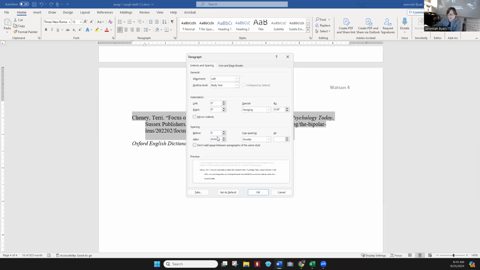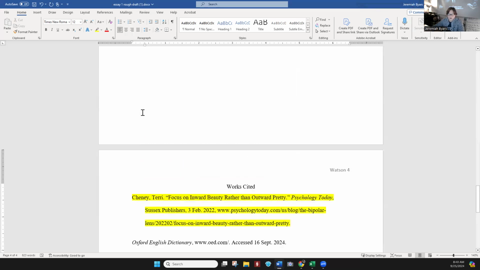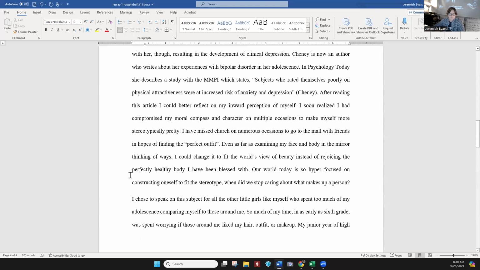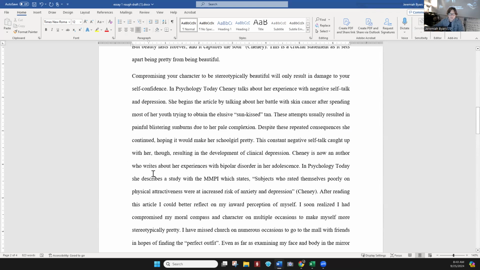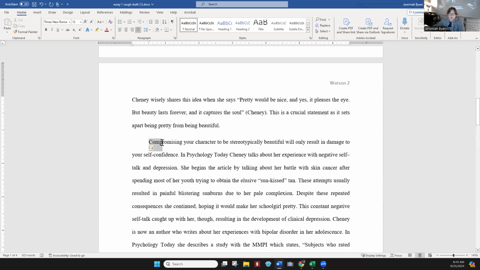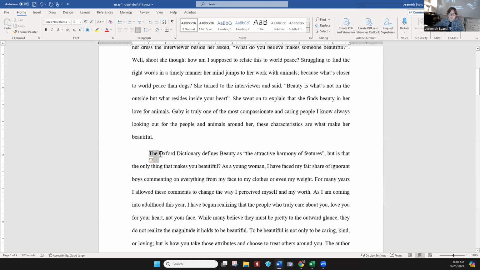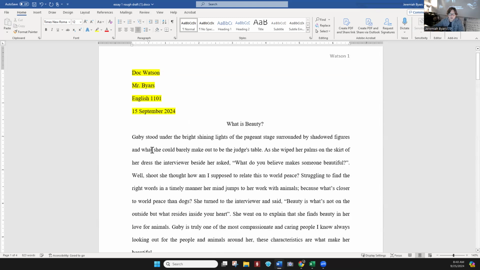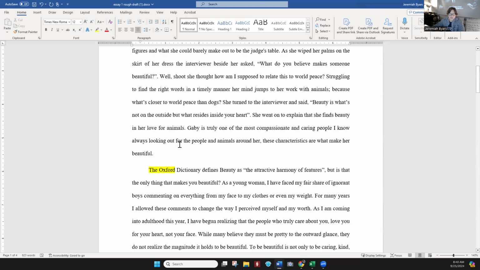The way this is typed is an error. Now I'll go back and I'll mark these, because one of the first things I'm checking is if the MLA formatting of the works cited page is also correct. All right, so all that should be indented.